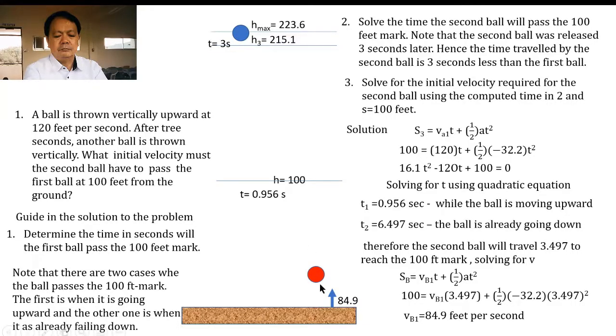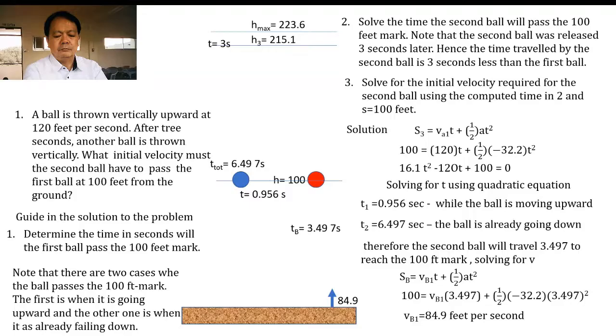Ito na yung natatravel ng second ball given at a velocity of 84.9, di ba? Pababa na ito, then they will be meeting at that position at 100, and the time for the second ball is 3.49 while the first ball is 6.49, and it has a velocity of 84.95 feet per second. And so that is our answer for the first problem.